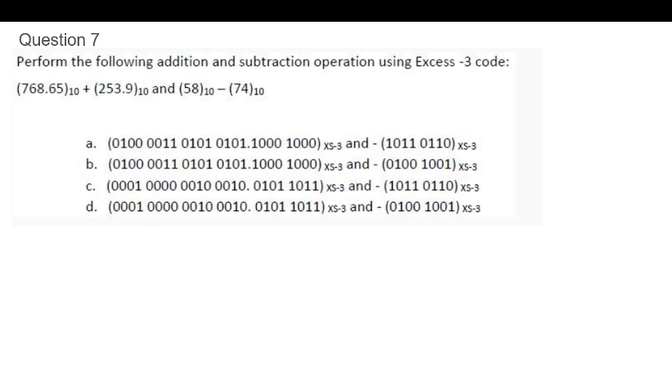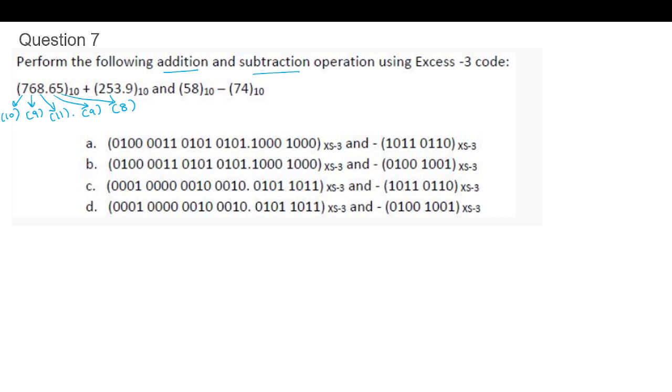So next we will try one more subtraction. Perform the following addition and subtraction using excess 3 codes. So this will be 10, this will be 9, 9, 5 plus 3, 8.